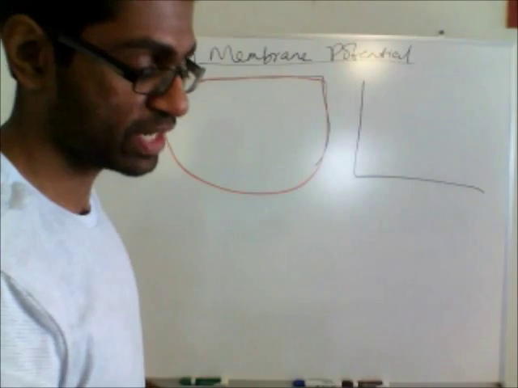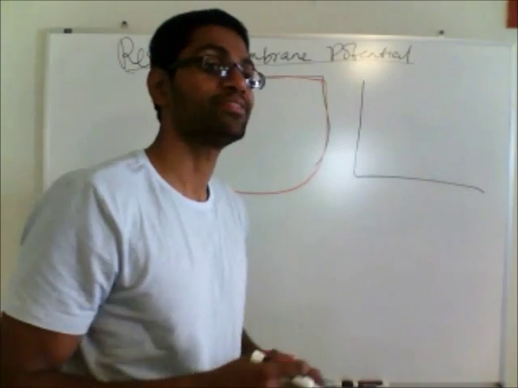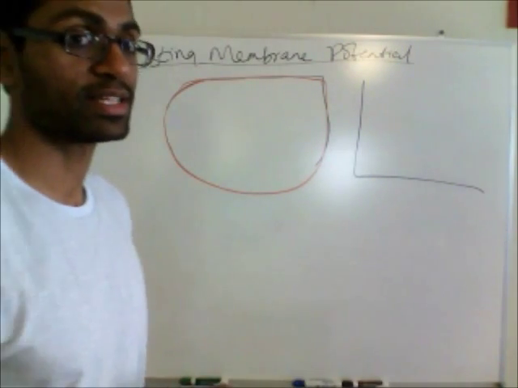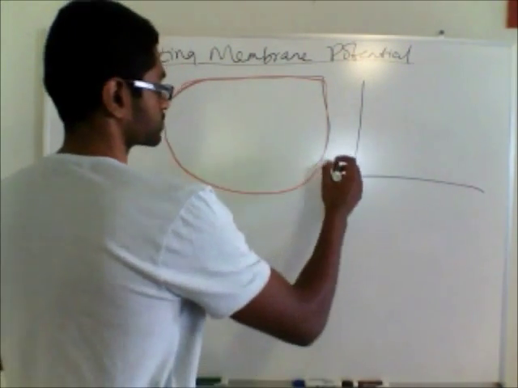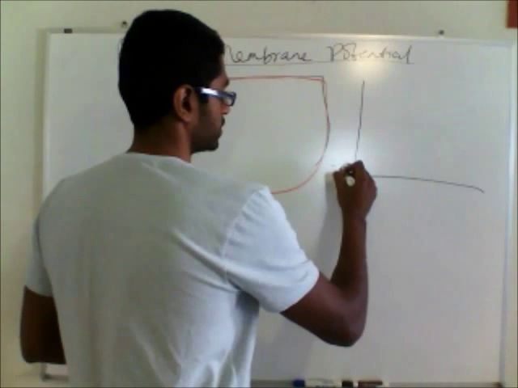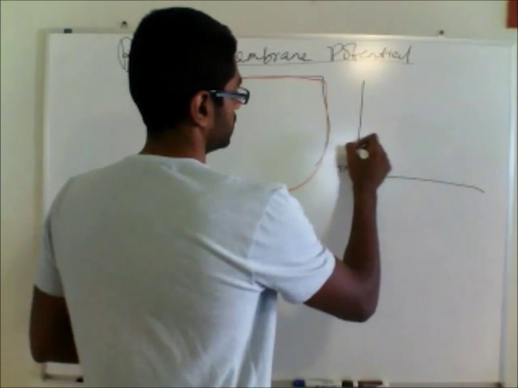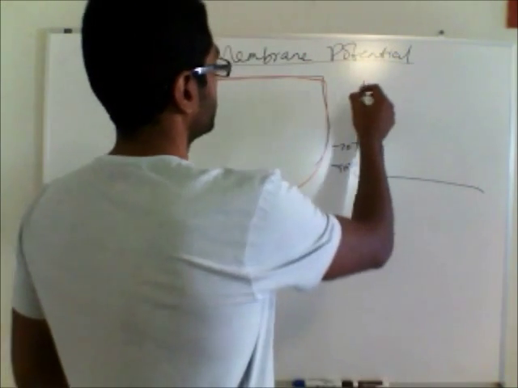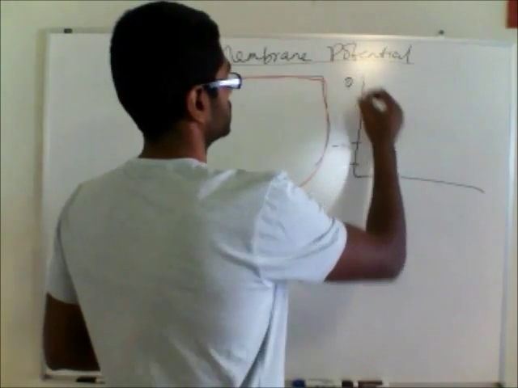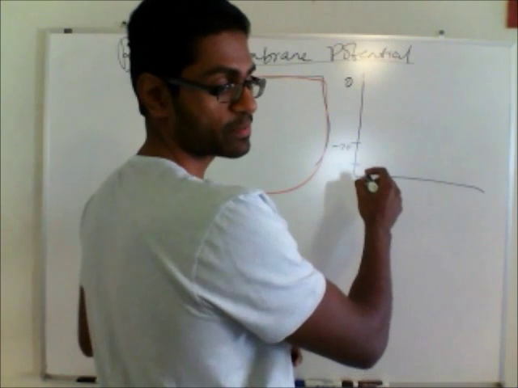Actually, did I say -70? I meant -90. I apologize. It's not -70, it's -90 millivolts. So here, let's say we have around -90, and let's just say it goes all the way to 0. We're just setting up a graph here.